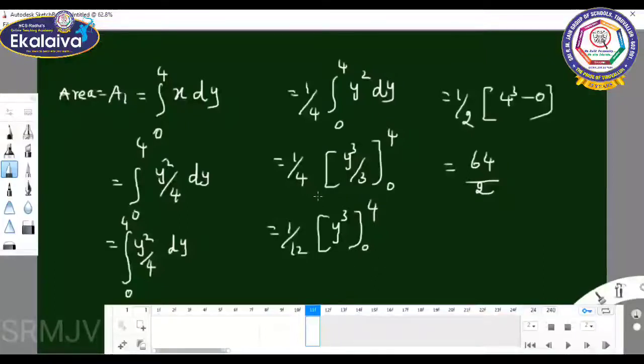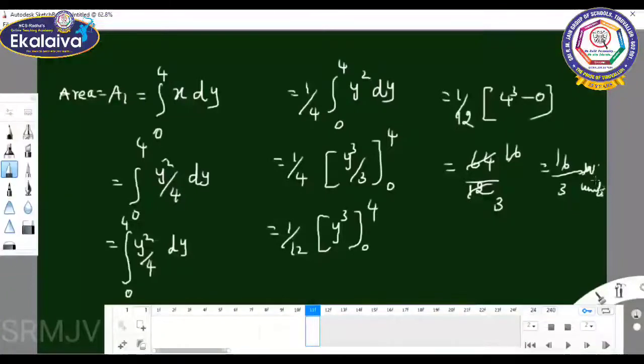64 by 12, when we cancel the value, what do we get? 16 by 3 square units.